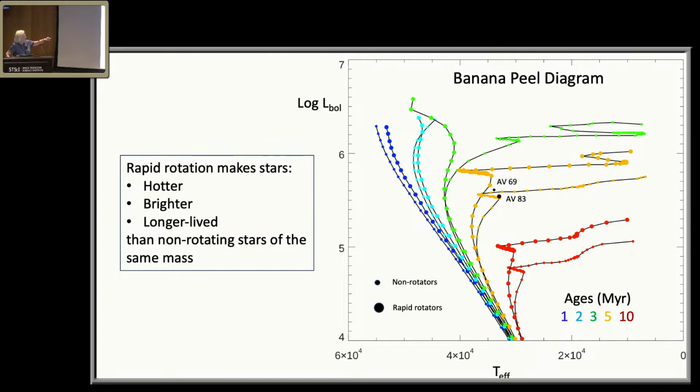I've shown in small dots non-rotating stars and big dots rapidly rotating stars. And up in the middle, AV69 appears to be very close to a non-rotating 5 million year isochrone. But AV83 is nowhere close. It's much less luminous than where the rapidly rotating stars should be.